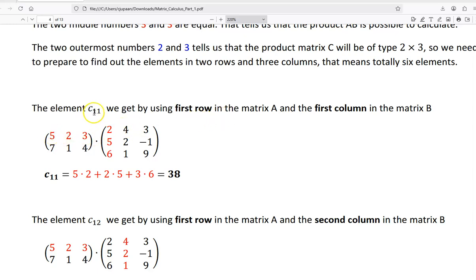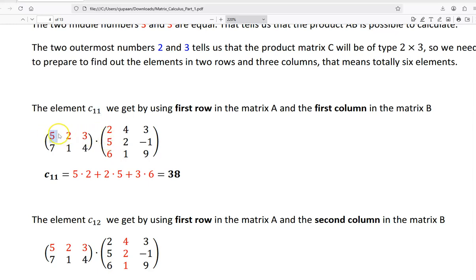So because the element is 1, 1, this first index here, this 1, tells us that we need to use the first row in the first matrix, so these red numbers here. And the second index here tells us that in the second matrix I need to take the first column, so these red numbers here.